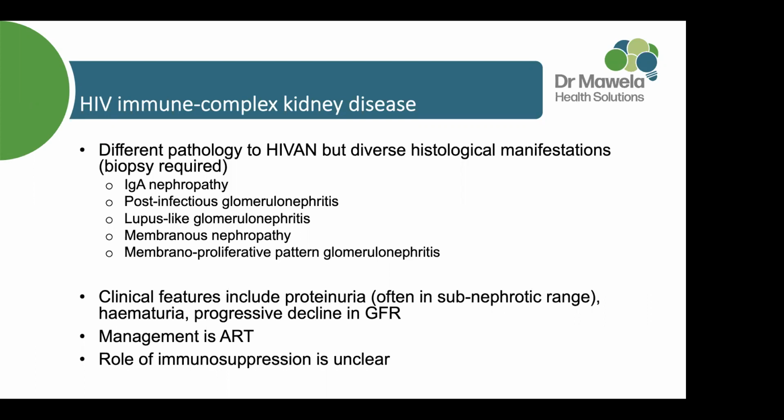Don't keep patients on ARVs for years and then refer them too late. So the principle is to investigate, get to a specific diagnosis so that you can provide specific treatment: start them on ARVs, and then immunosuppressive therapy, as per the advice of a nephrologist, for lack of a better word.